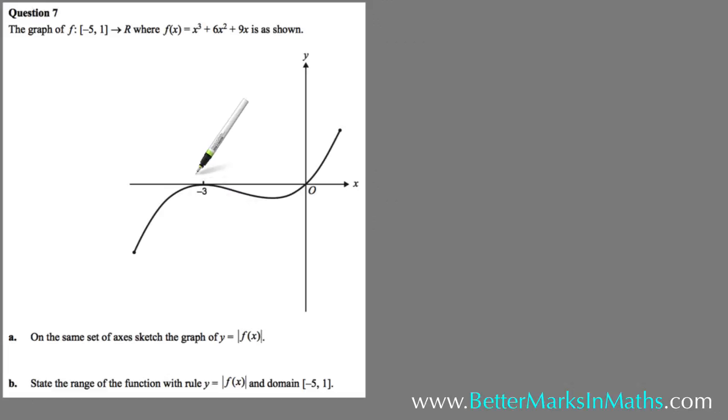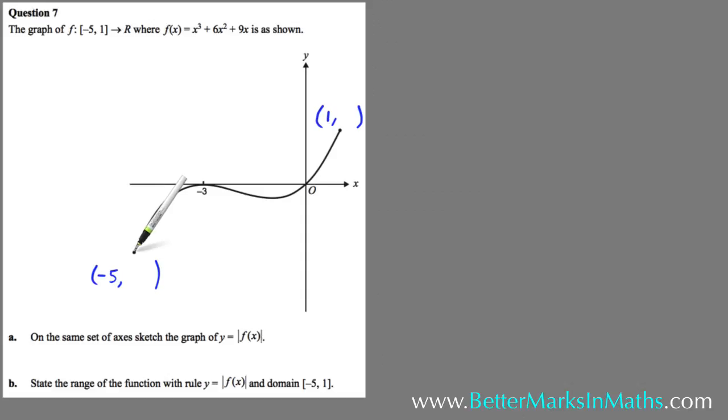So key things to keep in mind are that the domain is from -5 to 1. So the left-hand most x value, which is this point here, has a value of -5 and some particular y value. And this point here is the far right or extreme right value of the graph, which is equal to 1 according to this domain. So that has the coordinates 1 and something. And when you reflect this point in the line y equals x, the x value won't change, but the y value will.